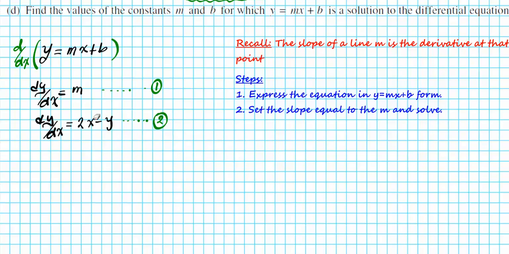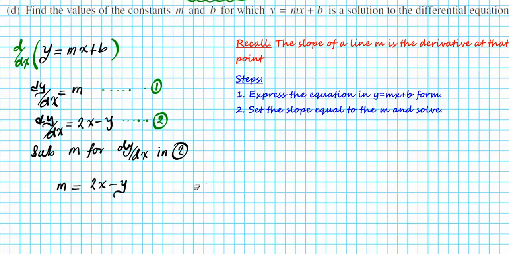Well, you can eliminate if you want, but we can just do straight up substitution. Since dy/dx is m, and dy/dx is 2x minus y, we can substitute m for dy/dx in the second equation. So we have m equals 2x minus y.